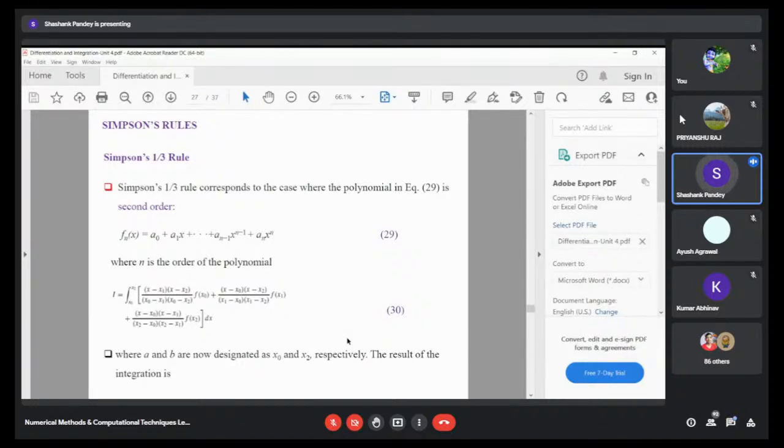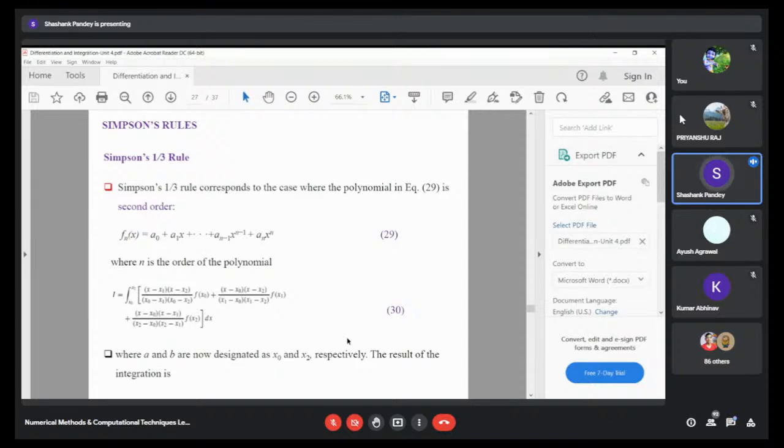So it is a better rule for the integration, or a suggested rule for an integration where the polynomial is of second order. So it is suggested that if a polynomial is of second order, then we may apply this rule.